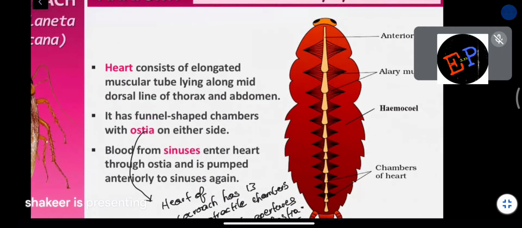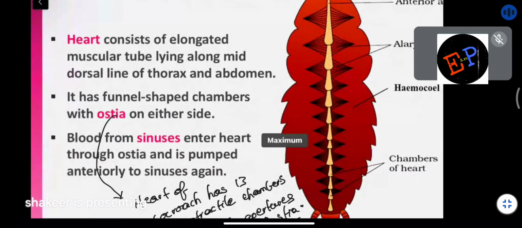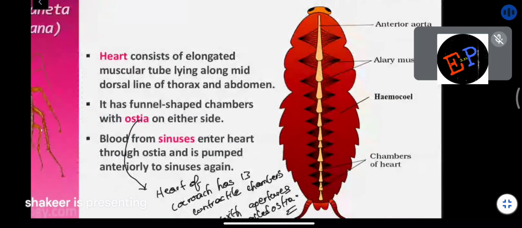Then the heart. The heart consists of an elongated muscular tube lying along the mid dorsal line of the thorax and the abdomen. First of all, it is an elongated muscular tube. Elongated means stretched. Muscular means it is made up of muscles. Is it present on the front side or the back side?